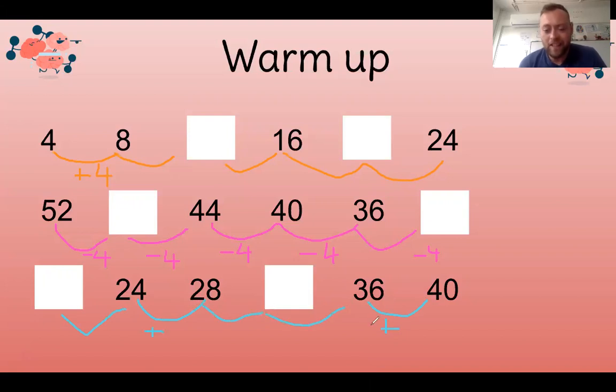Well, 36, if I count on, 36, 37, 38, 39, 40. I'm adding 4. So let's just check here to see. Yeah, it does, look. So that means I'm adding 4 each time. So this number here plus 4 makes 24. All right, last ones before I reveal the answers.